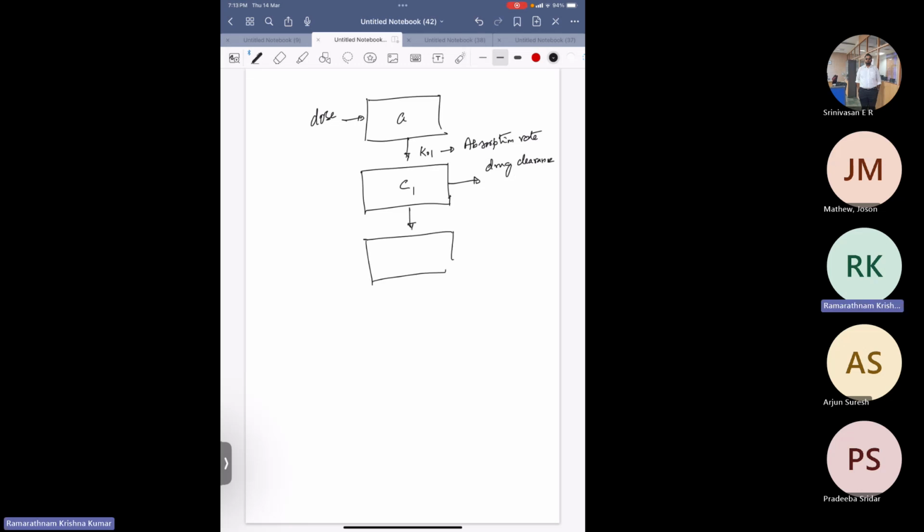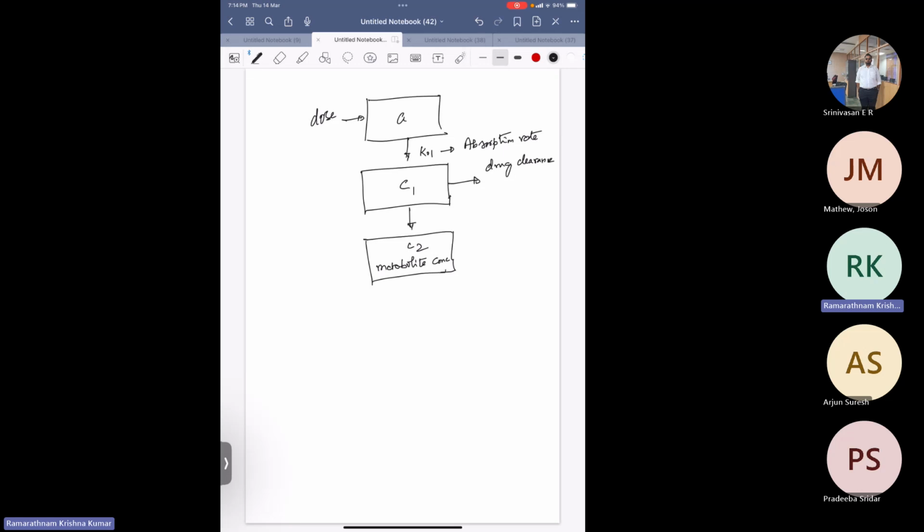In the next compartment, let us say it is C2. Let's call this the metabolite. It metabolizes, so this is the metabolite concentration at this place, right?